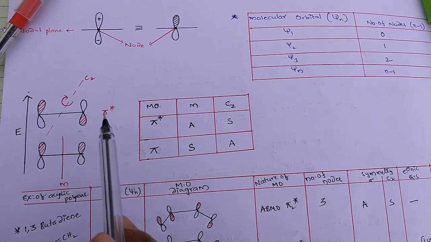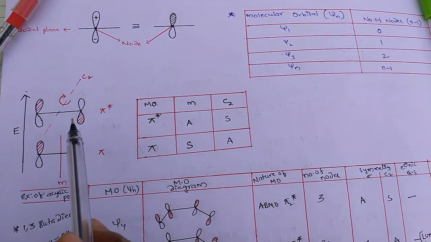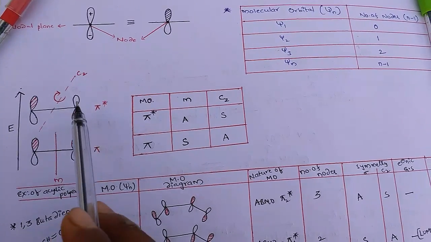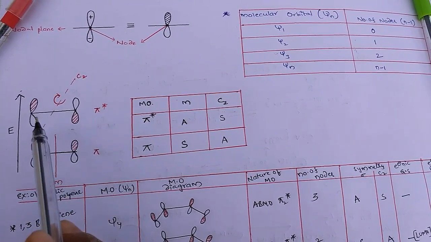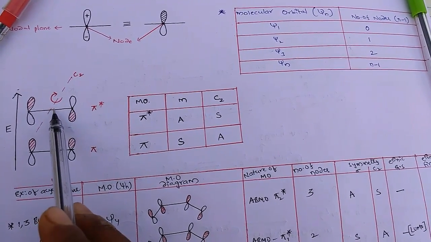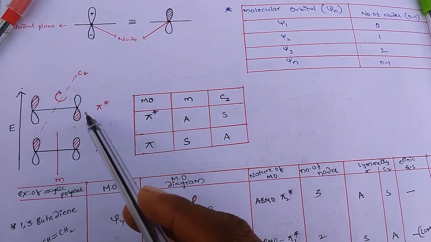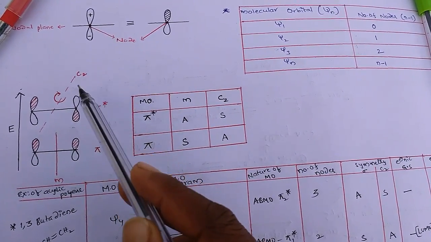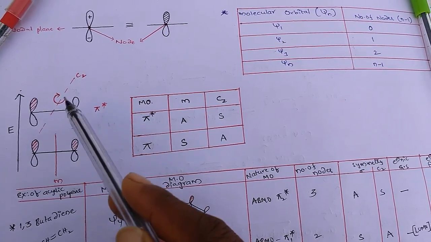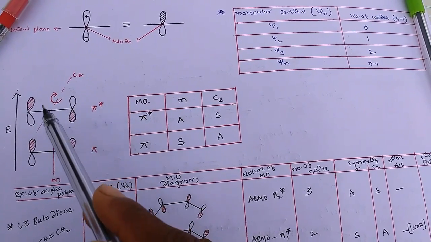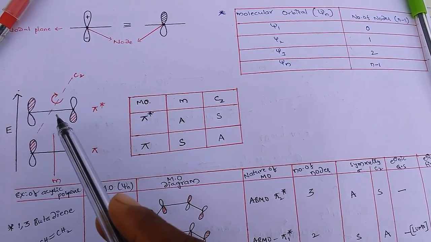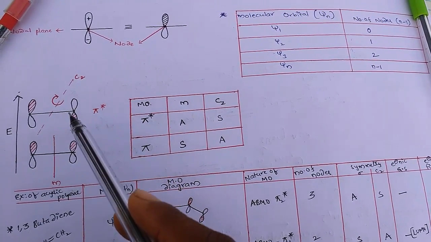Next, on the first excited state, pi star, this is the representation of the lobes of the orbitals of this molecule. If you rotate this orbital on C2 by 180 degrees, we get the same orbitals of this molecule. So that's why on C2 we get symmetry.